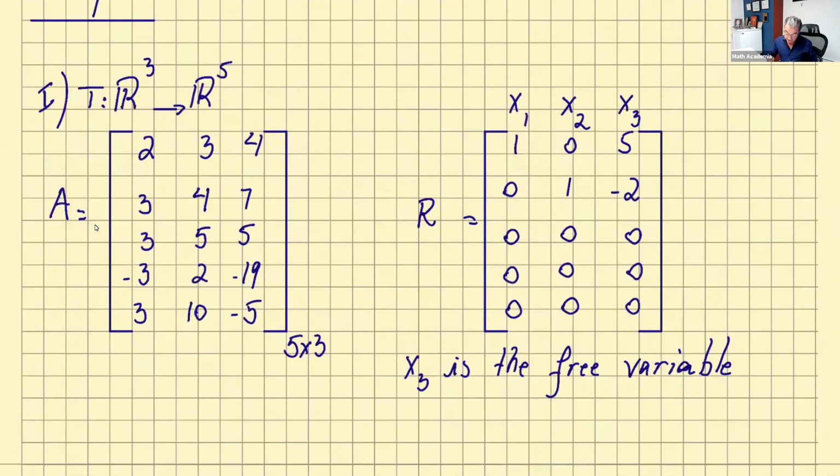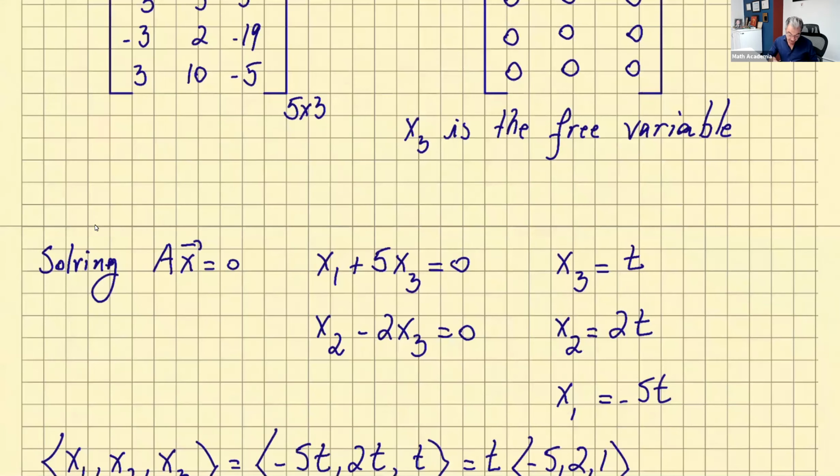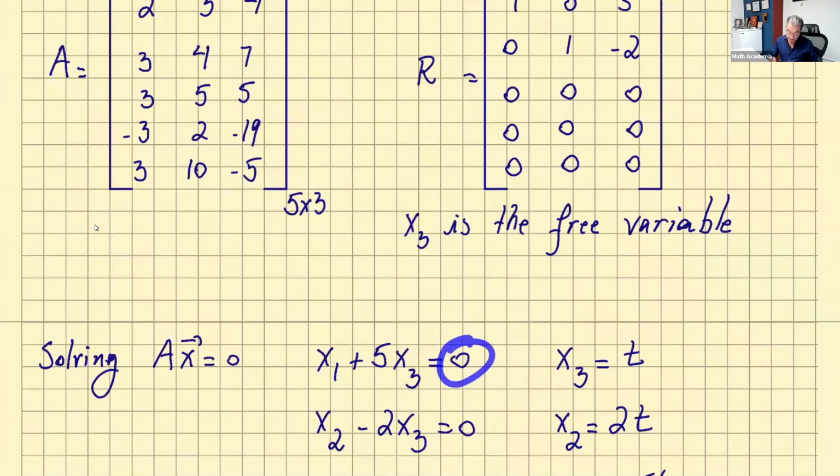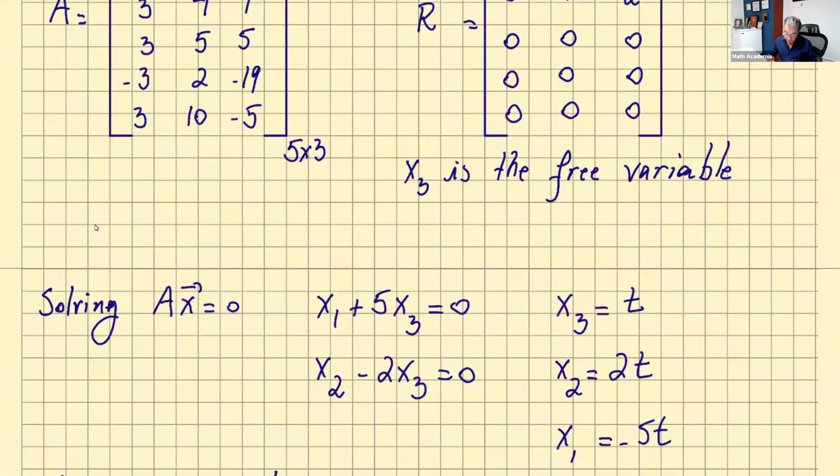Here we notice that we have x3 is the free variable because that's a non-pivot column. If we try to solve Ax equals 0, then we have x1 plus 5x3 equals 0, that's from here, and x2 minus 2x3 equals 0. Isolate x1, x2, and then x3 is the free variable, so you get that.